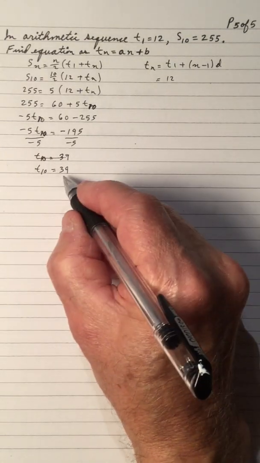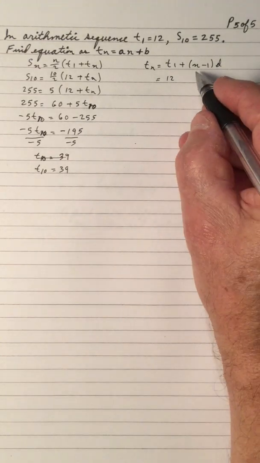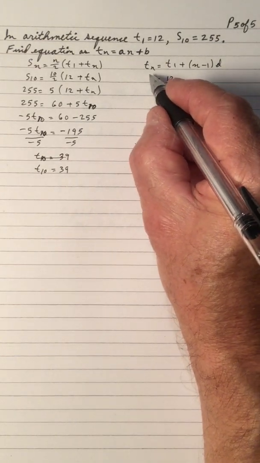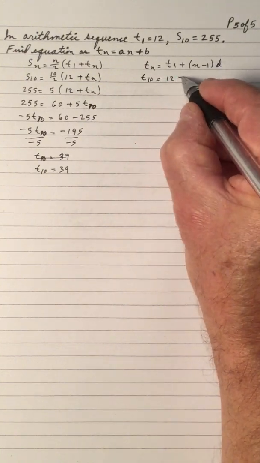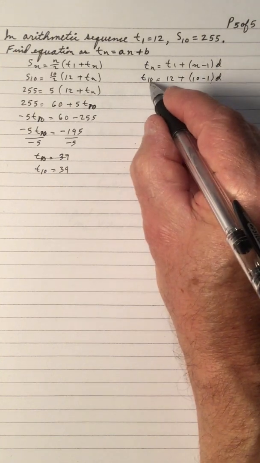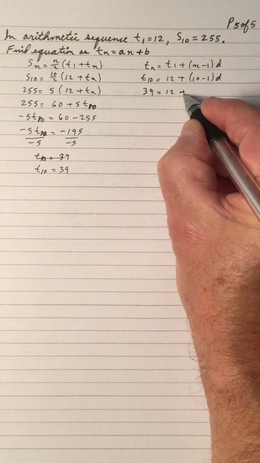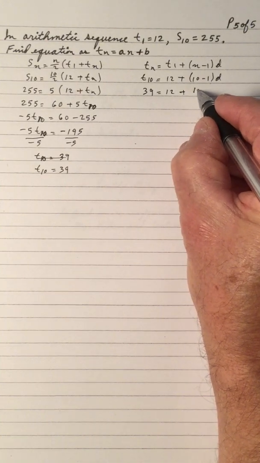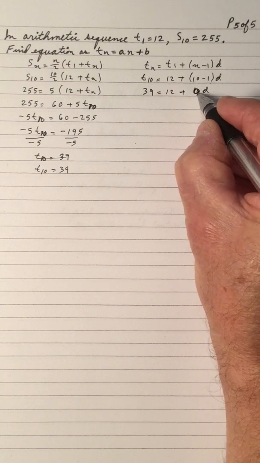So T10 is 39, and now I sub that in here. T10 is 10 minus 1 d, but T10 is 39. So I get 10d, or sorry, 9d, that's careless.